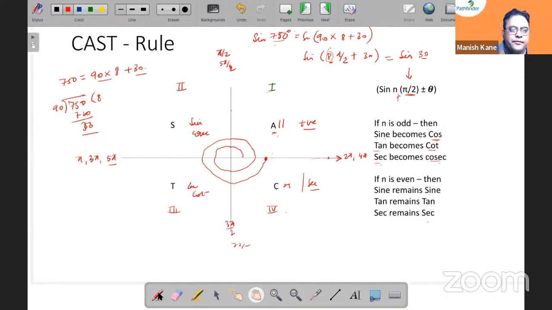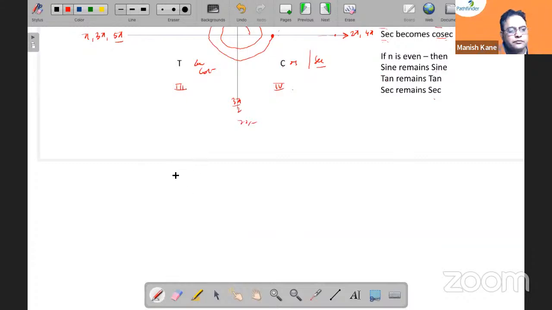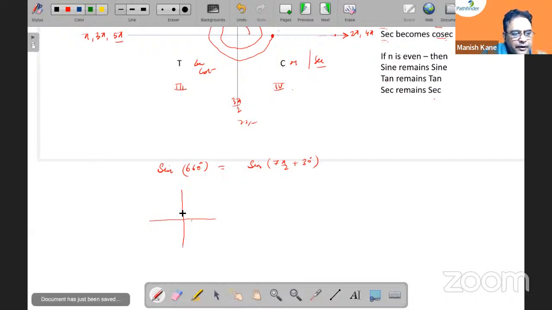Let us do a few more. Okay, let us say sine of 660 degrees. Now I will write this as sine of 7 pi by 2 plus 30 degrees. So once again, let me see where I reach. 1 pi by 2, 2 pi by 2, 3 pi by 2, 4 pi by 2, 5, 6, 7. So this is the point of 7 pi by 2.